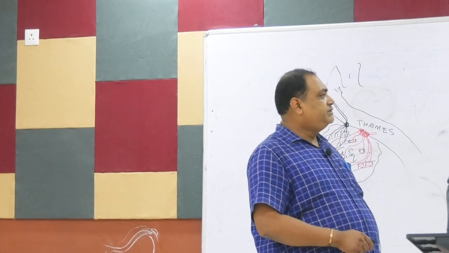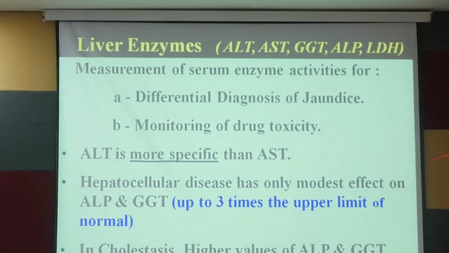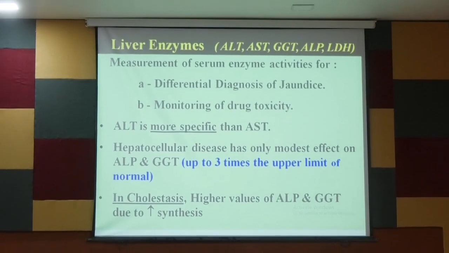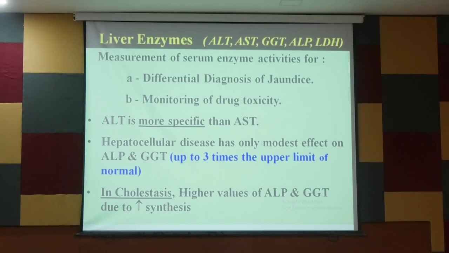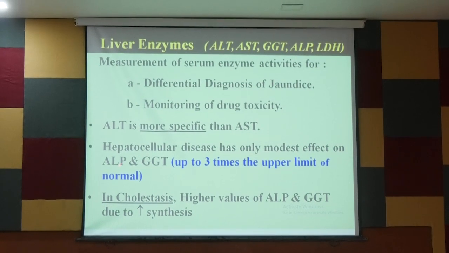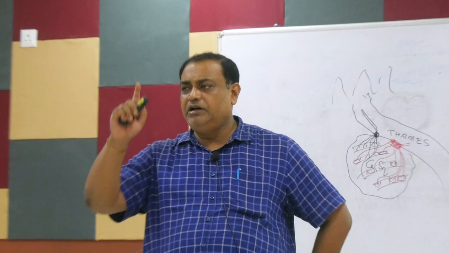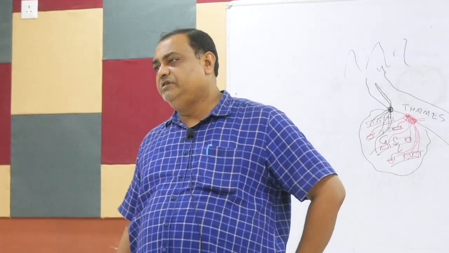ALT is more specific than AST for liver disease. Hepatocellular disease has only a modest effect on ALT and GGT. If there is damage to the hepatic tissue itself, it will not show much GGT or ALT. Why? ALT is located in the intestine, so giving the duct, and GGT is particularly due to alcoholic liver disease.